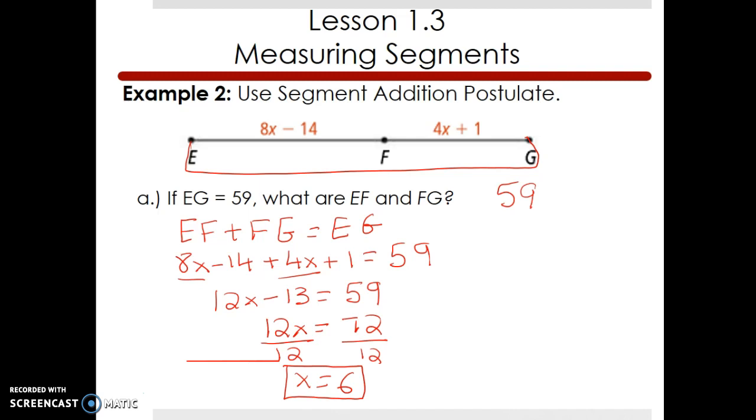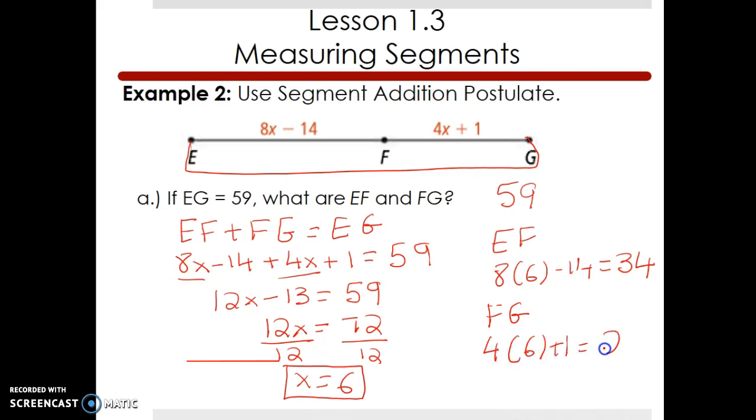So remember, when I found my x, I need to plug it back in. To find EF, I need to plug in 8 times 6 minus 14, which gives me 34. And for FG, I need to plug in 4 times 6 plus 1, which gives me 25. So those are my final answers.